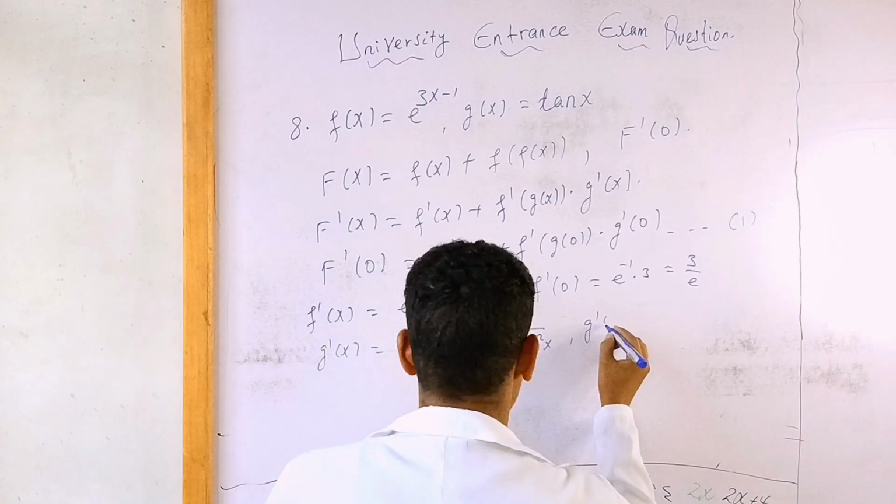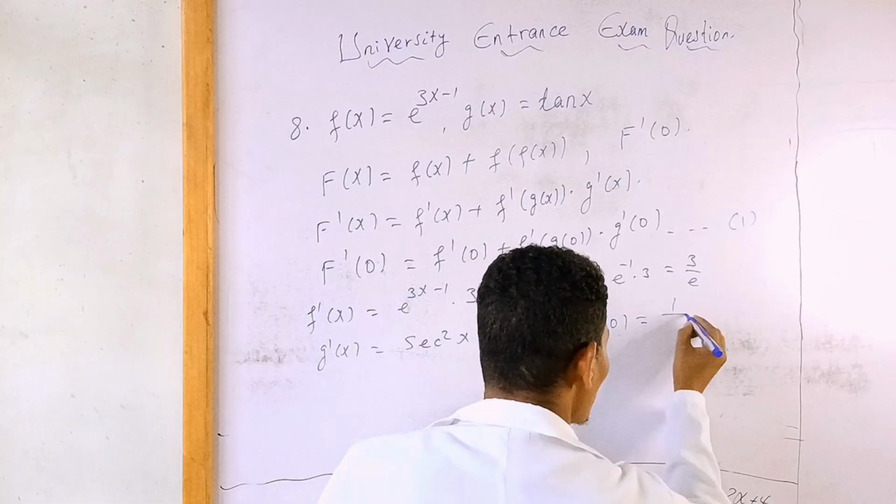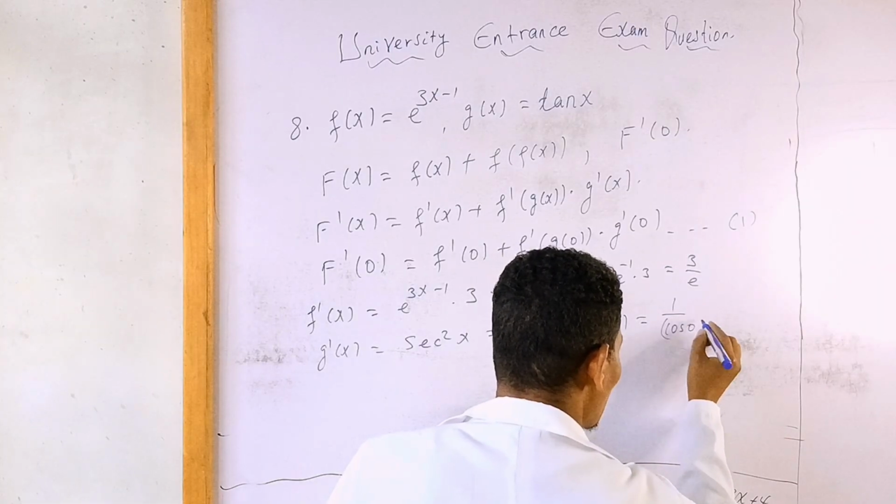g derivative at 0 is equal to 1 over cos 0 the whole square.